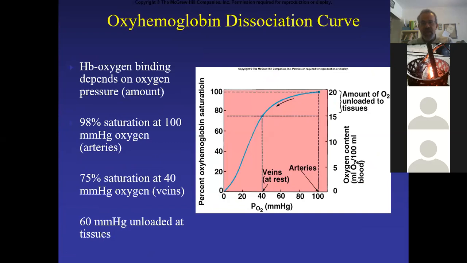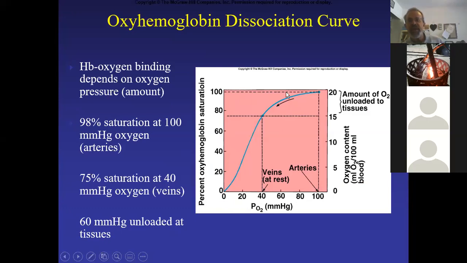So this is a classic oxyhemoglobin dissociation curve. And this is something we'll look at in some of the upcoming slides, okay? What we're looking at is, on the x-axis, the amount of oxygen. On the y-axis, the percent of hemoglobin that has oxygen bound to it.